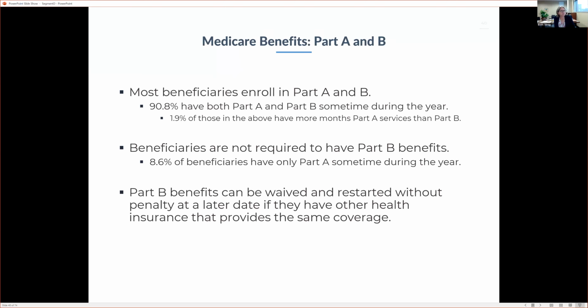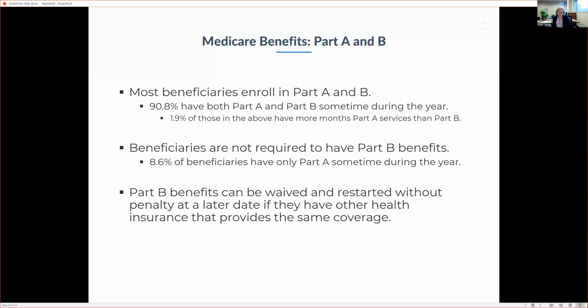Remember, beneficiaries are not required to have Part B benefits. And so up to almost 9% of people will have only Part A at some point during a year. Again, it can be for a variety of reasons. Some people, that's all they take. But also remember, Part B benefits can be waived if you can show that you have other health insurance that's comparable.